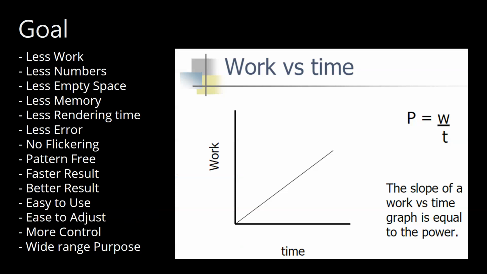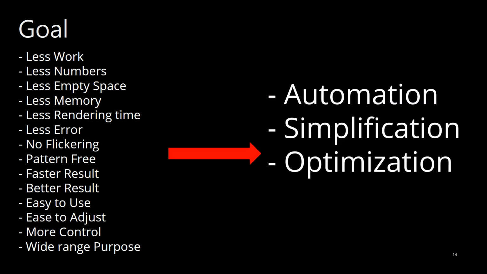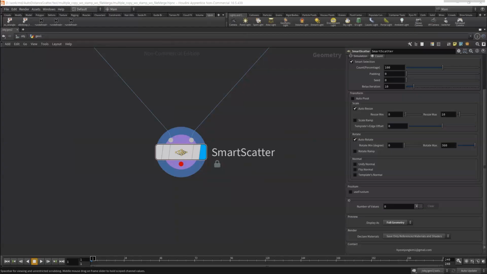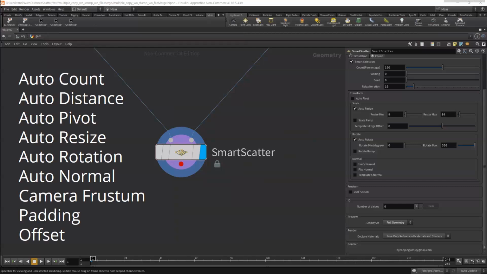The goal was to reduce time, including working and rendering time both, so we get a more productive result. In a word, the goal was these three keywords, named SmartScatter. I shared the development progress and features.